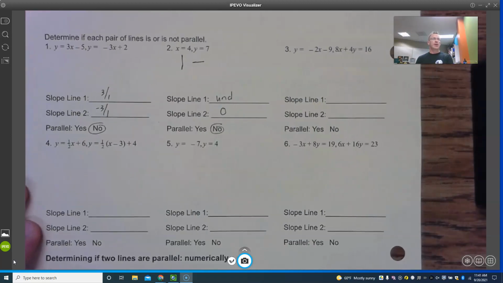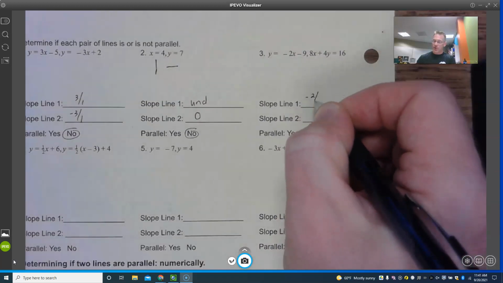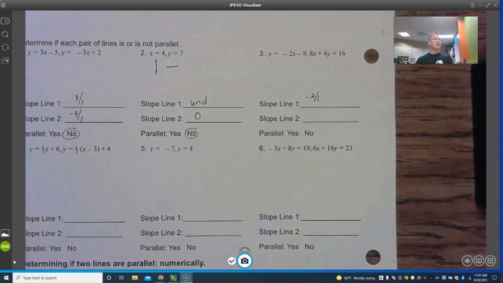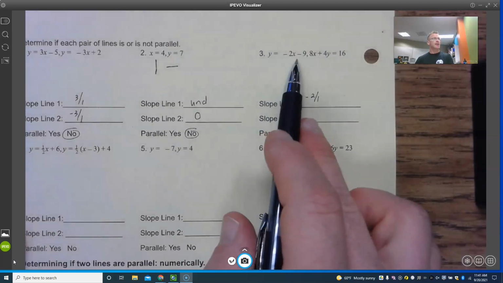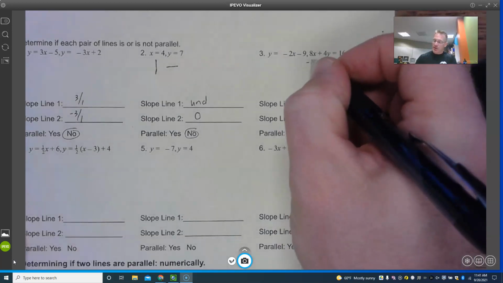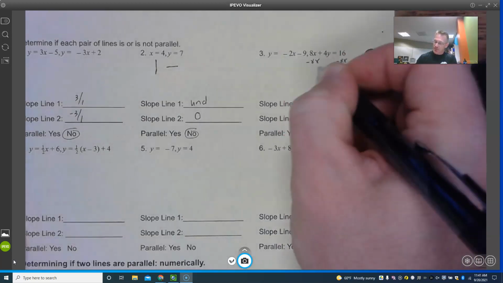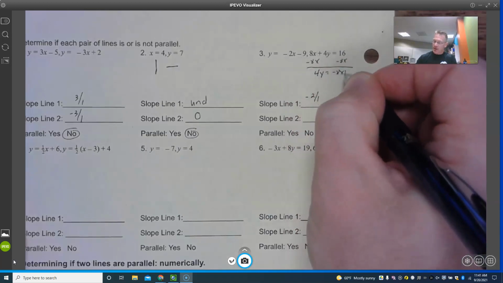Now, let's look at number 3 here. Notice the first problem is pretty easy. I can look right at that slope-intercept form. I know my slope's negative 2 over 1. But when I look at the second one, I can't see the slope. So what I want to do is manipulate this equation to look like this form so I can tell what the slope would be. To do that, I would subtract 8x from both sides. So 4y equals negative 8x plus 16.